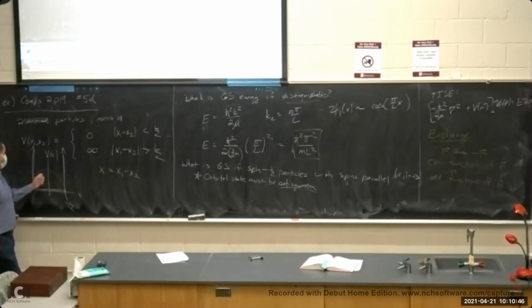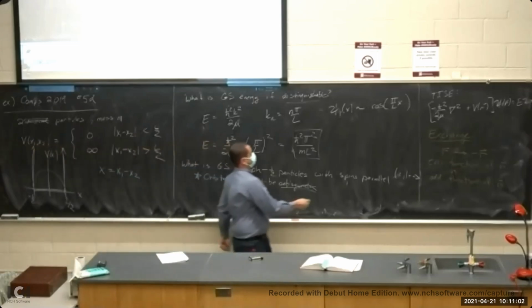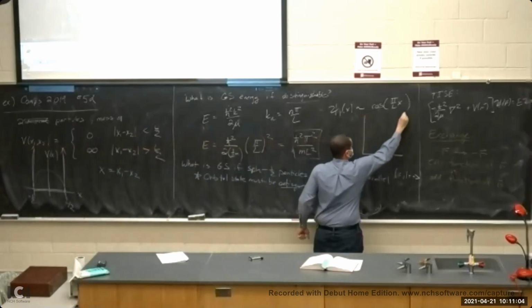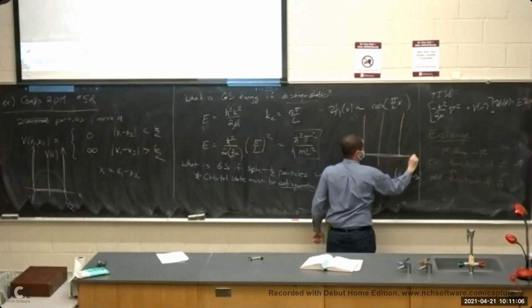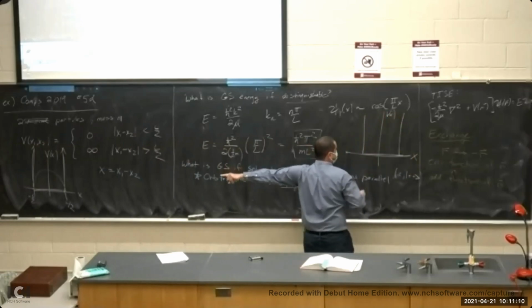It cannot be in the ground state of this well because this wave function is an even function. This is even under the exchange of which one is over here and which one is over there. That ground state is forbidden by statistics.